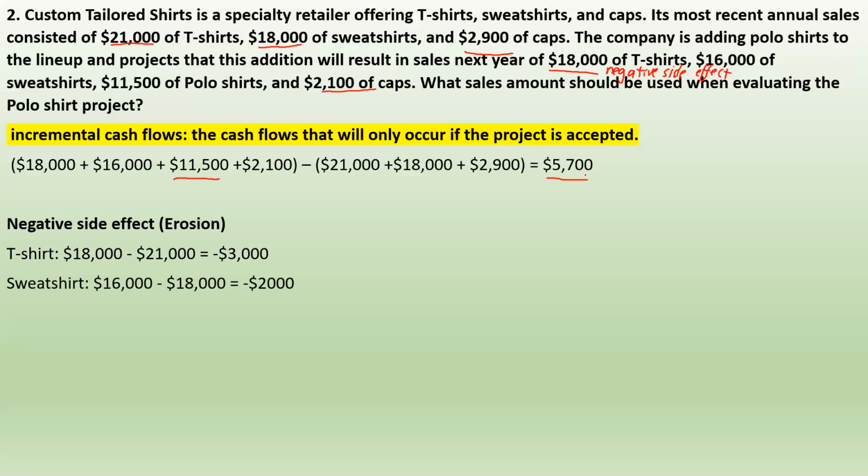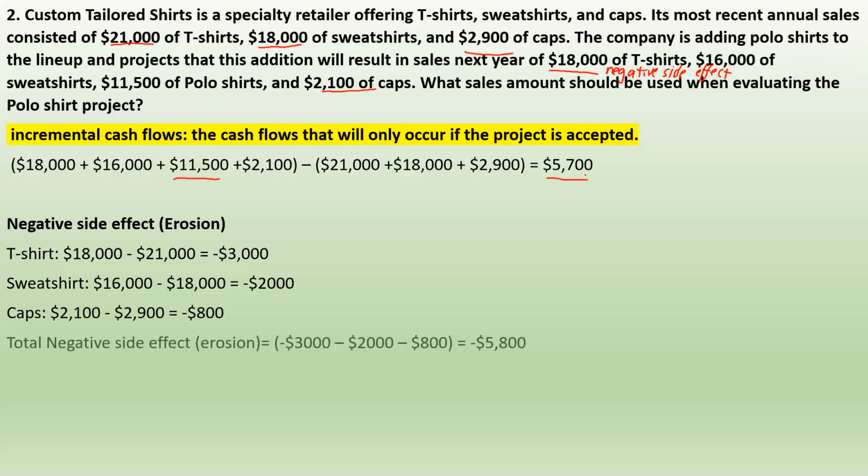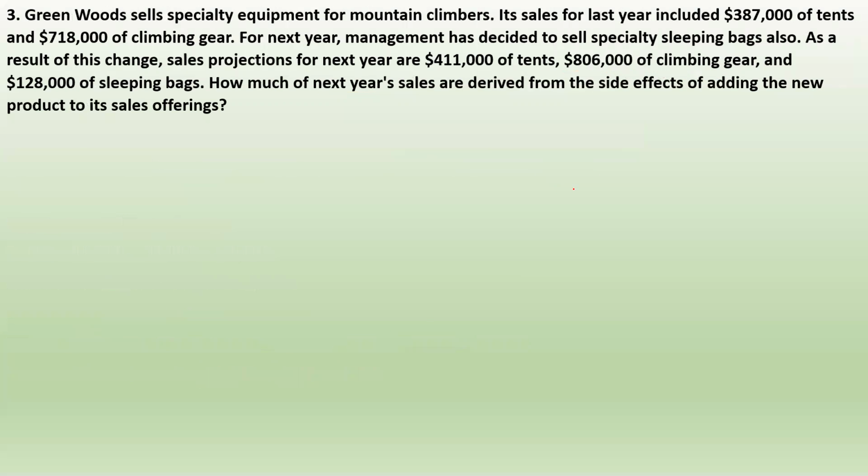Sweatshirts are negative $2,000. Caps are negative 800. In total, it's negative $5,800. So the incremental cash flow we can write as the revenue of polo shirts minus the negative side effect, the cash outflow caused by the addition of this project, which is 5,700. These two numbers are equal to each other.